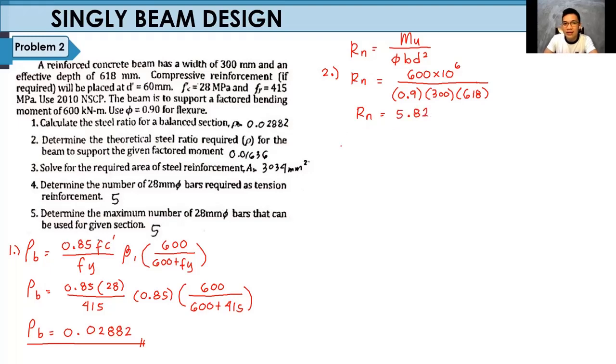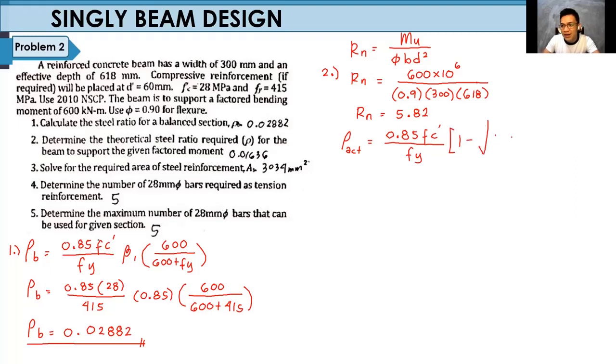Ayan. So, carry natin. Kukunin natin yung rho actual natin. Lagyan natin ng rho. Clear siya. Tingnan. Rho actual natin is equivalent to 0.85 fc prime divided by fy. And then open parenthesis 1 minus the square root of, am I right?